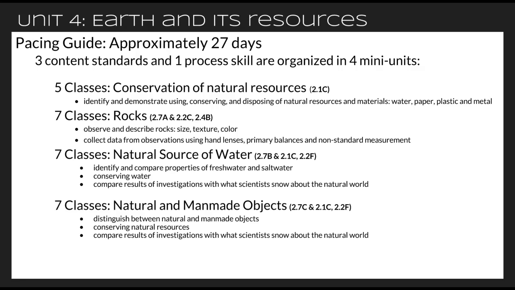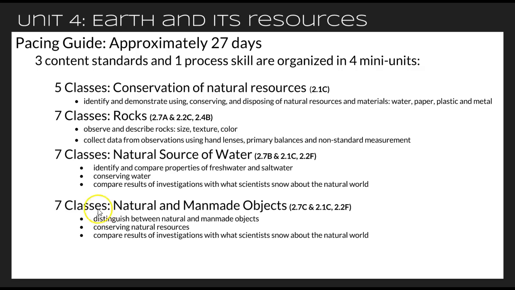So when we look at the pacing guide, I've divided that up into 4 different areas, and we've got 3 different content standards, and then we've got a process skill that kind of stands in there as well.